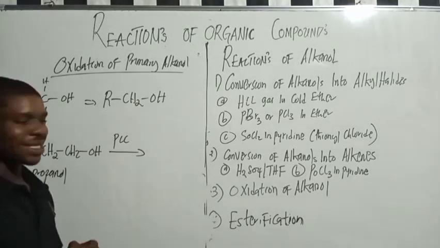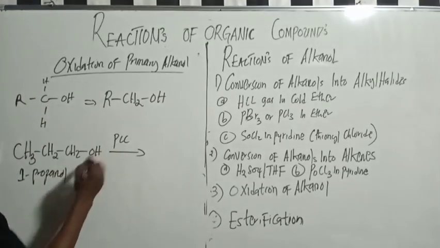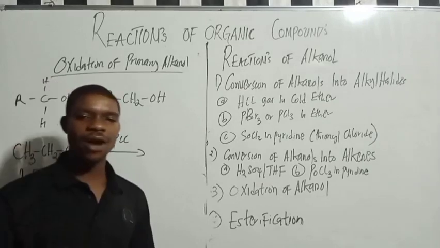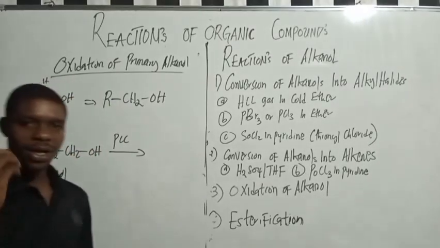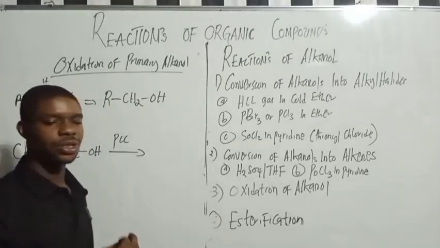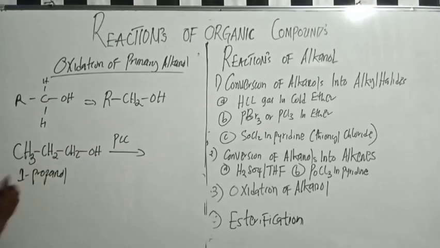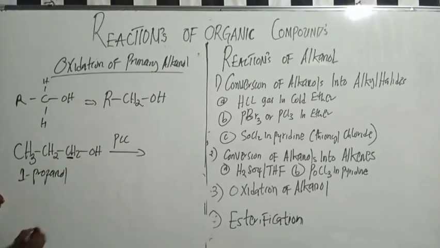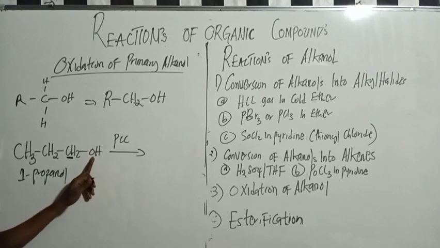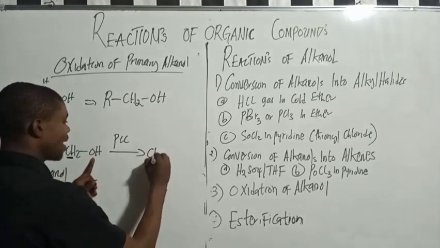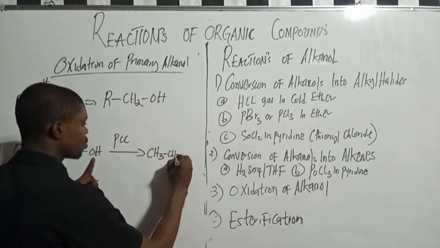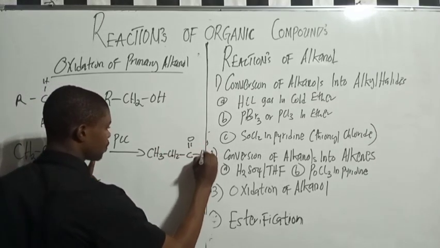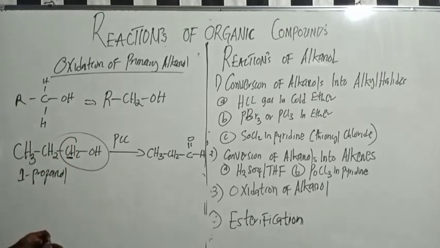One thing I want you to understand is that when we talk about oxidation, oxidation means removal of hydrogen and addition of oxygen. So it is the carbon atom that has the OH that we convert to an aldehyde functional group. So here we have CH3, CH2, C. It occurs at this point here.